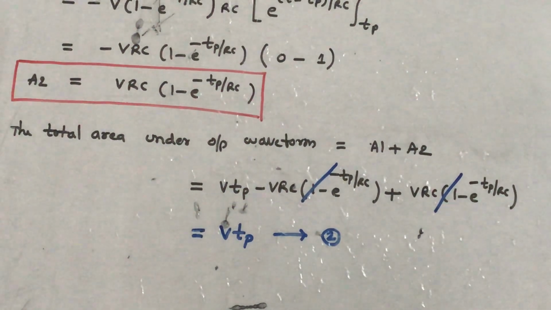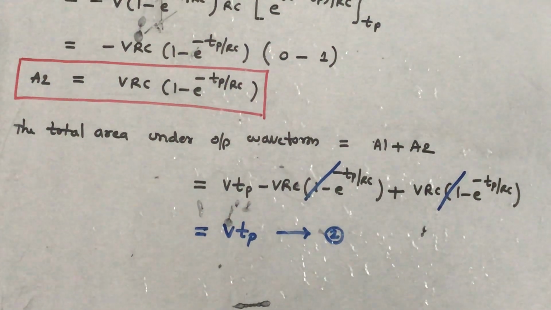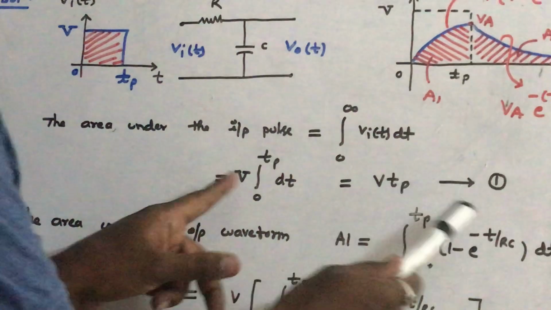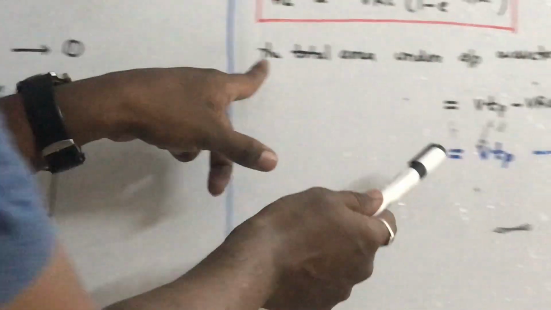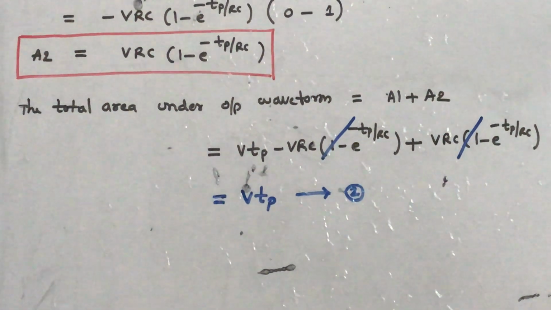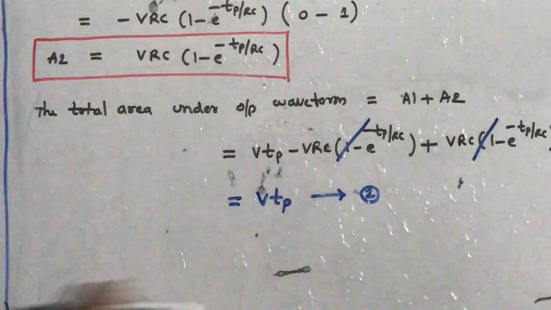So you can check that from equation 1, the area under the input pulse is VTp. From equation 2, we can see that the total area under the output waveform is VTp.